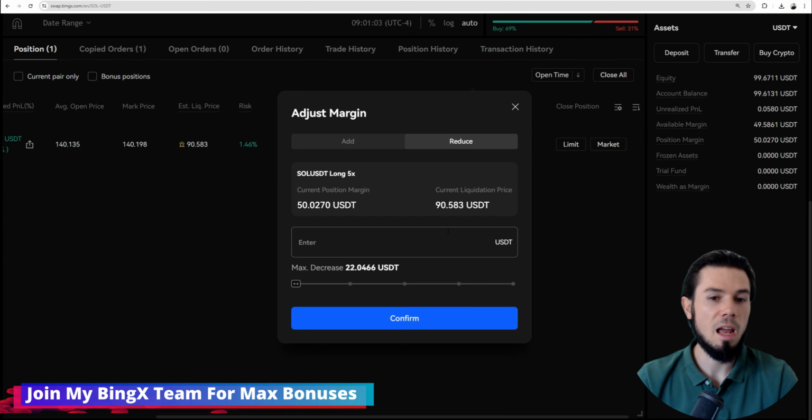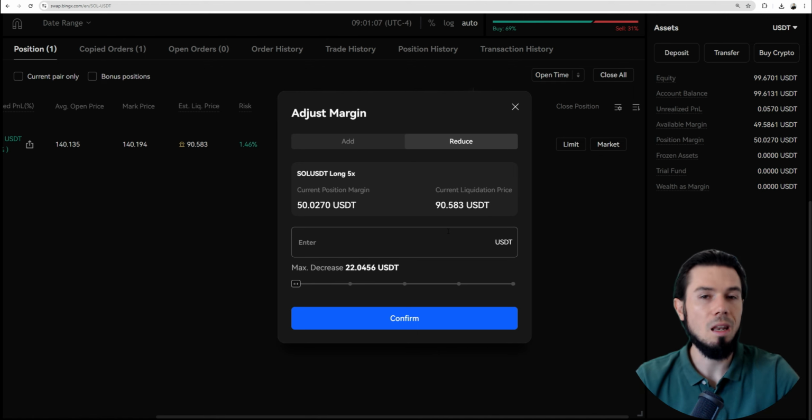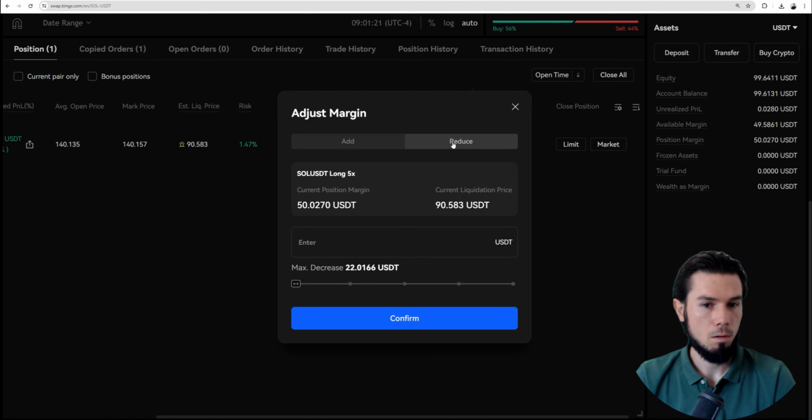So anything that I add additional besides the initial size as margin can also be reduced, but you can never reduce a margin value part of your initial opening.